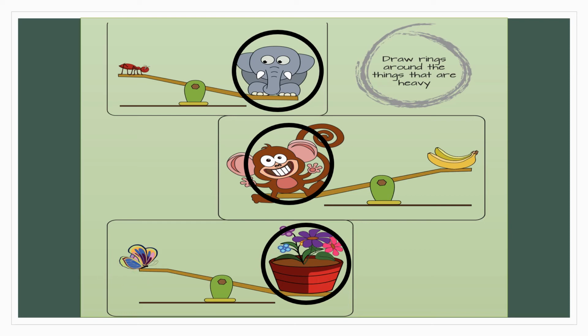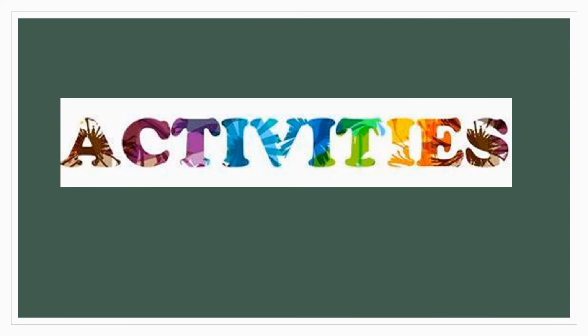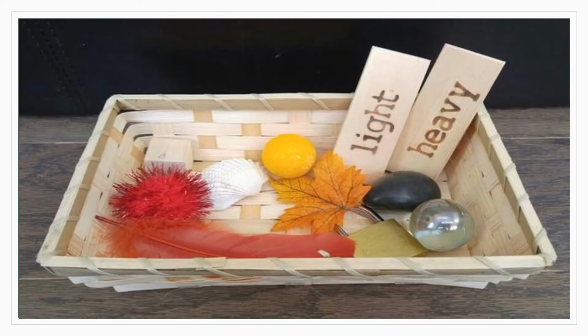Now, activity time. Collect some heavy and light things in one basket and put the names light and heavy with the help of chart paper. Write down LIGHT on one card paper and HEAVY on another and keep them on that side.